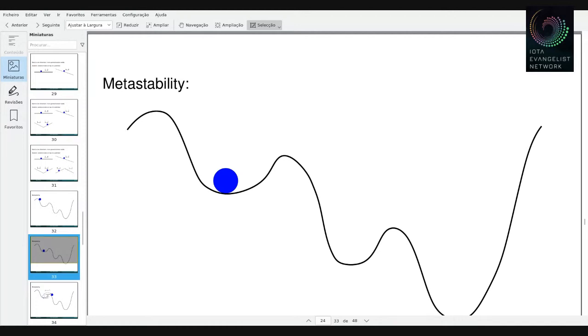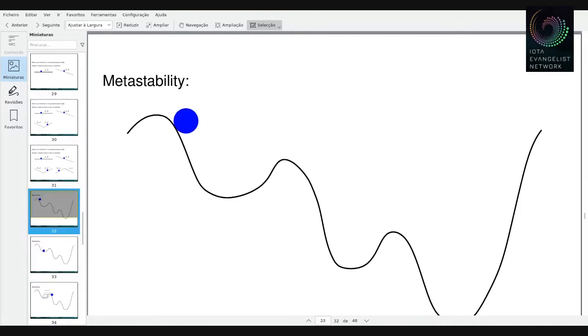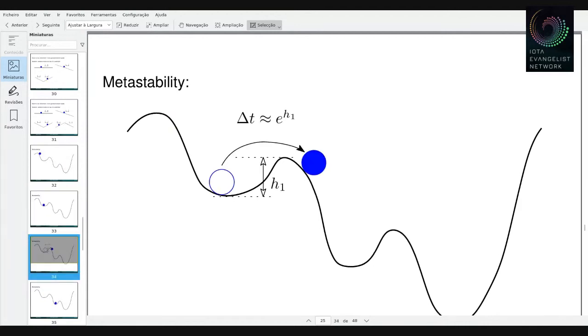And actually, from some physical and probabilistic calculations, you can more or less know for how much time it will walk there. So this time will be around exponential of this height, or of this depth.